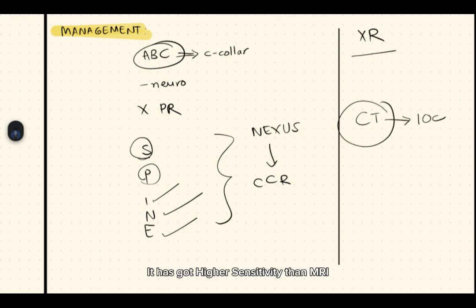It has got higher sensitivity than MRI for fractures and dislocation, but exposes the patient to significant skin and thyroid radiation. Finally, we've got MRI, and this is very good for any soft tissue injuries that may be missed on CT, but it may not be very feasible to perform an MRI in the emergency department.